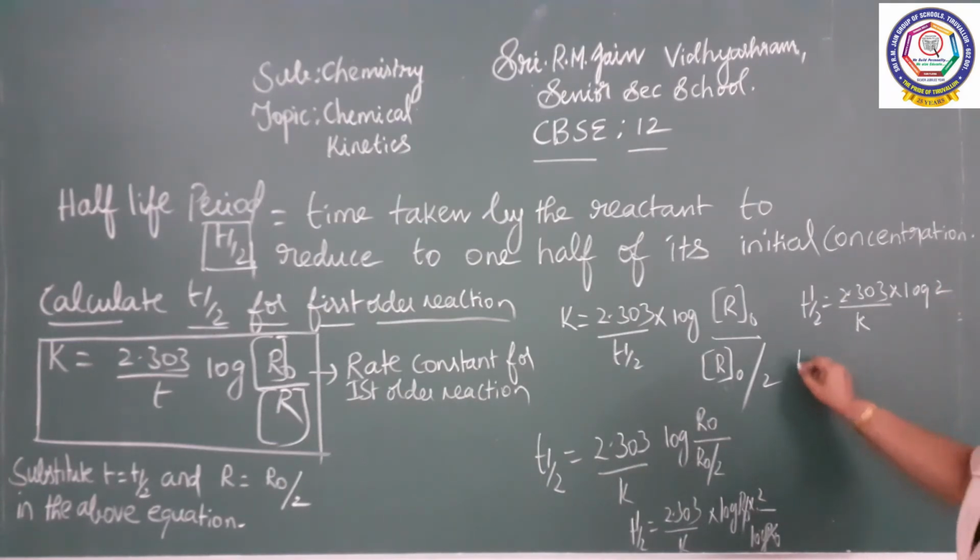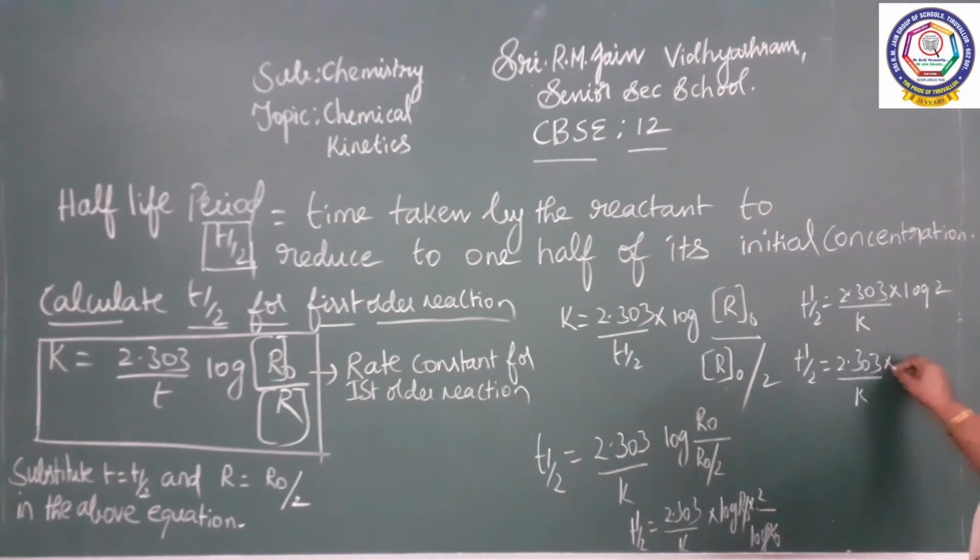What is the log 2 value? T half is equal to 2.303 divided by K into 0.3010.